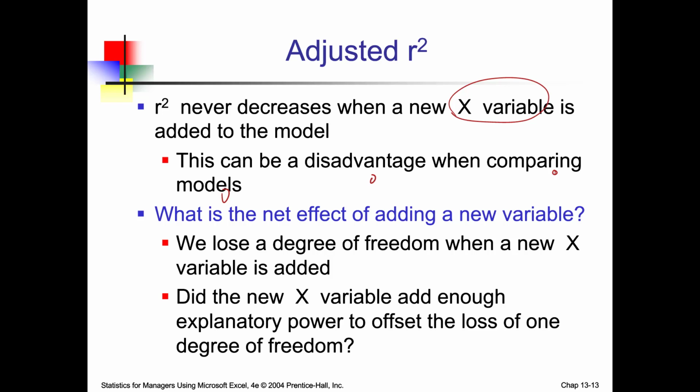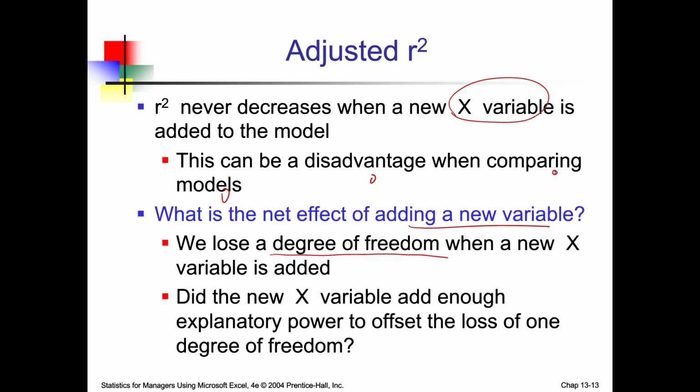When we add in a new independent variable, we are losing a degree of freedom, and also the newly added independent variable may not add enough explanatory power to offset the loss of the one degree of freedom.